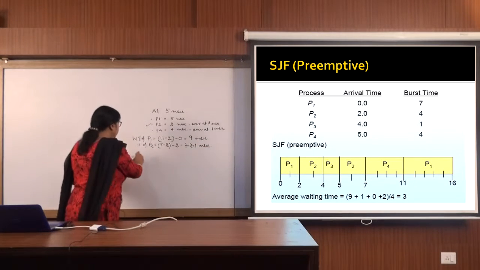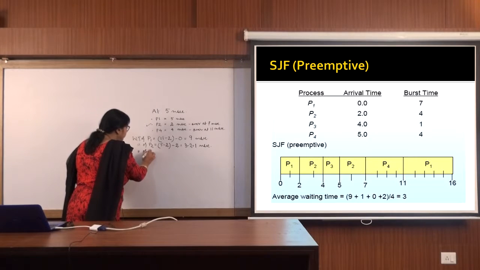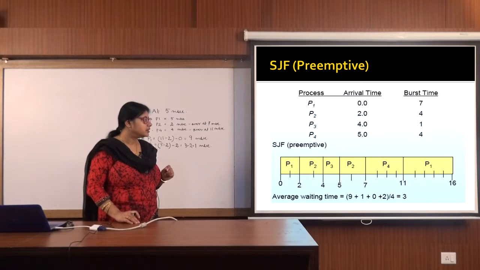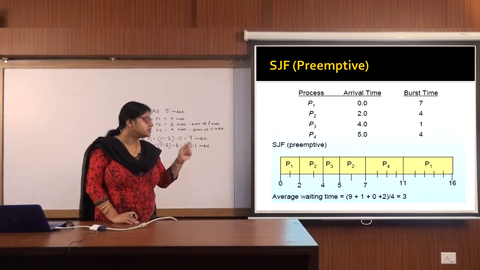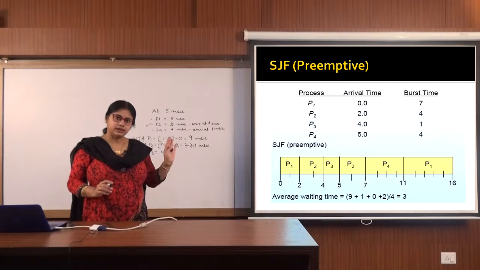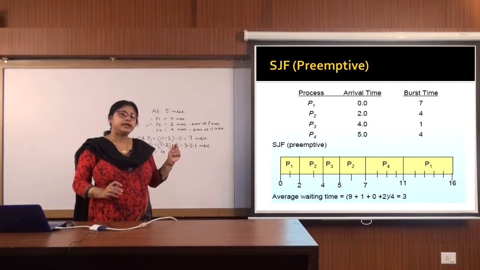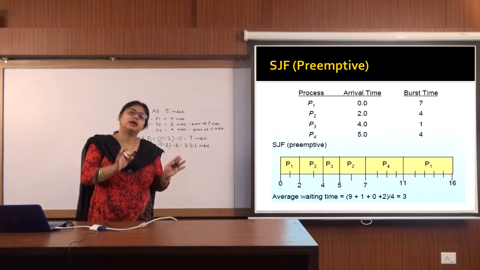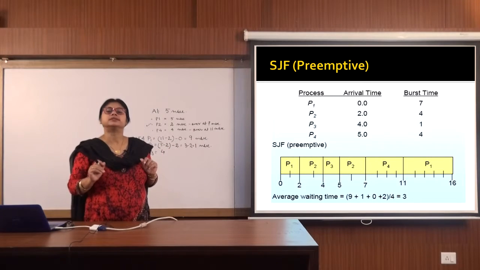Next, the waiting time of P3. Look at the Gantt chart. P3 started at 4 millisecond time period. Actually it gets the chance only once, and whenever it is getting the chance, it completes all its execution there inside the CPU.